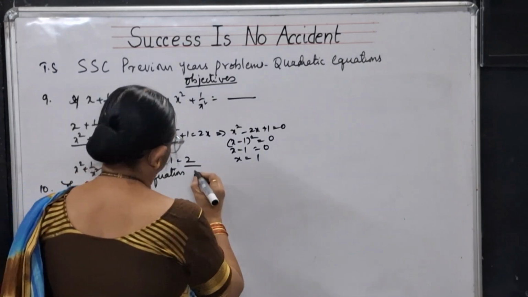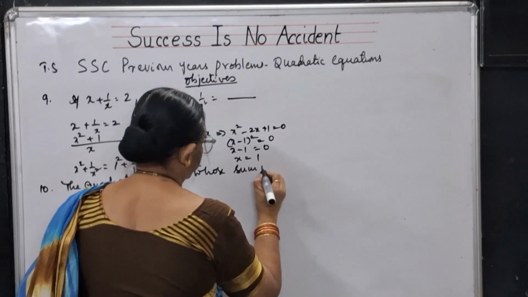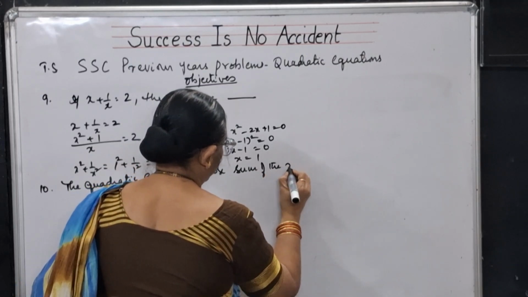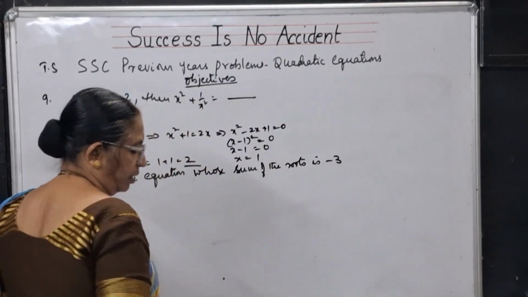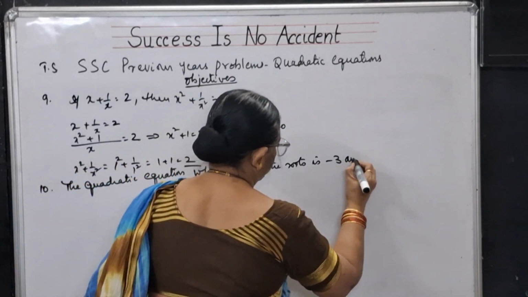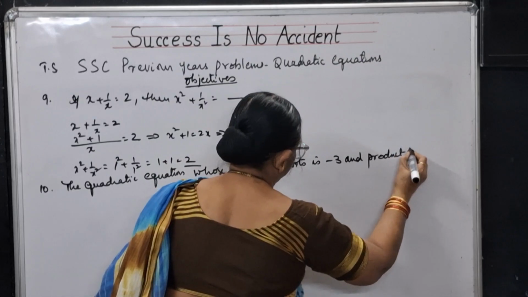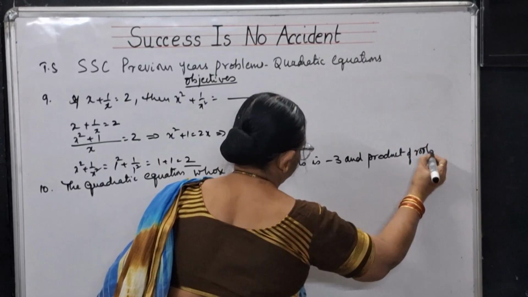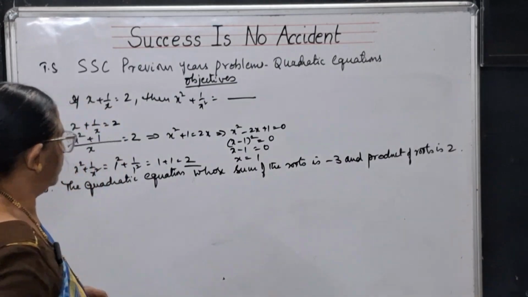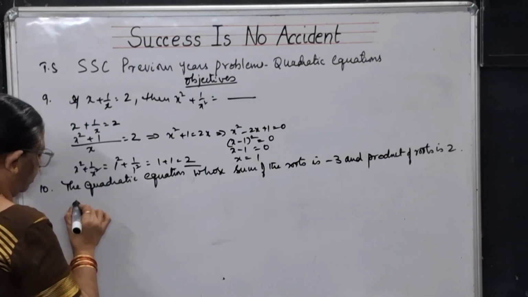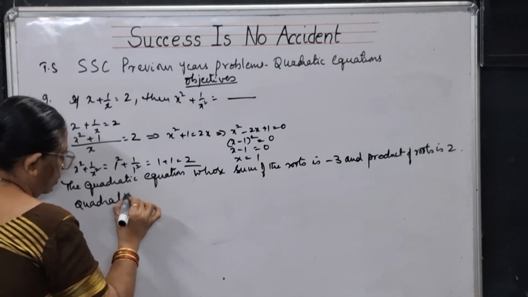whose sum of the roots is minus 3 and product of roots is 2. So with this you have to find out the quadratic equation. What is the quadratic equation, children?